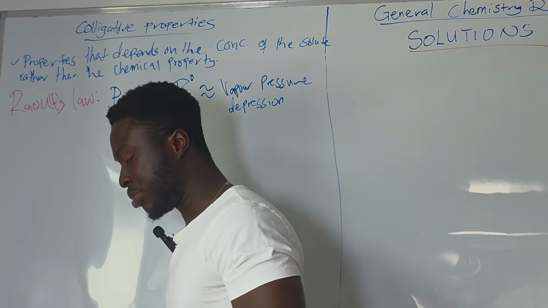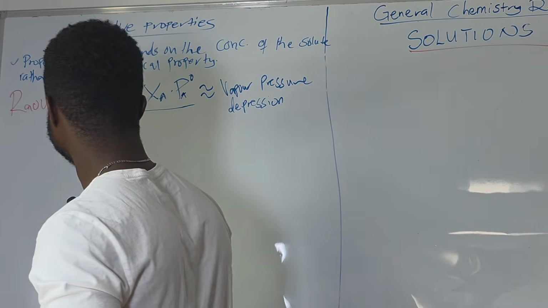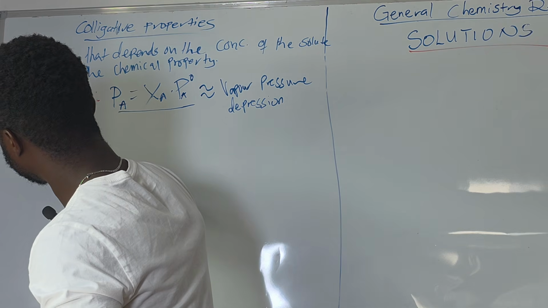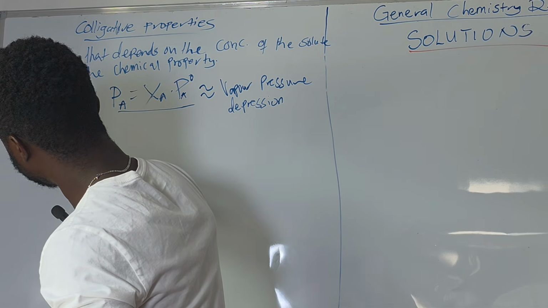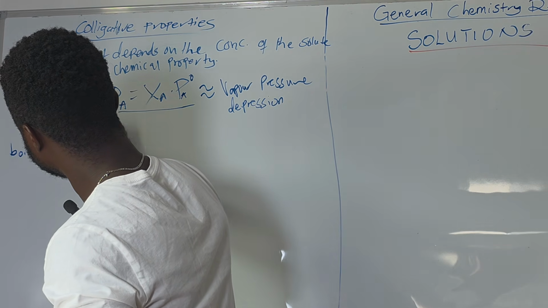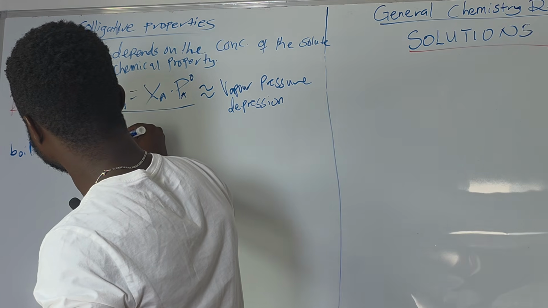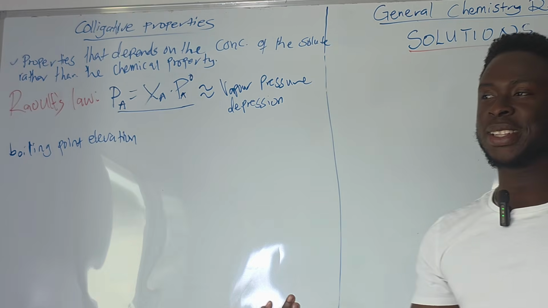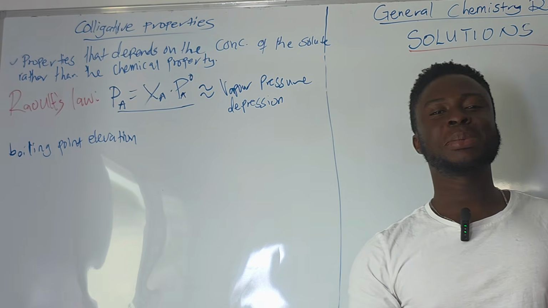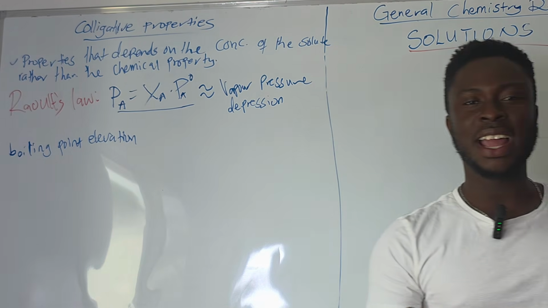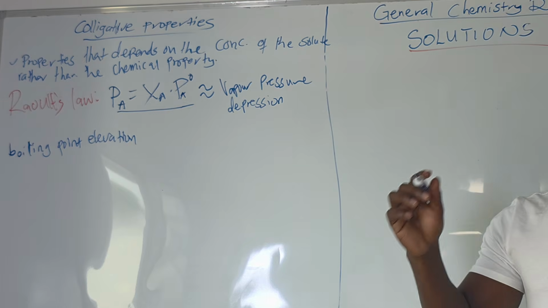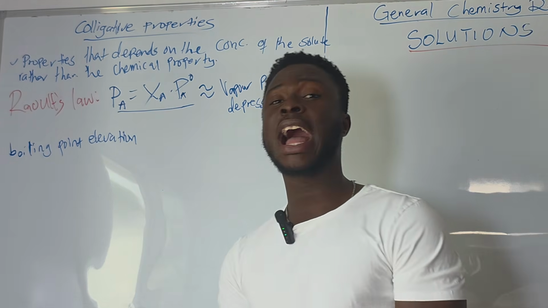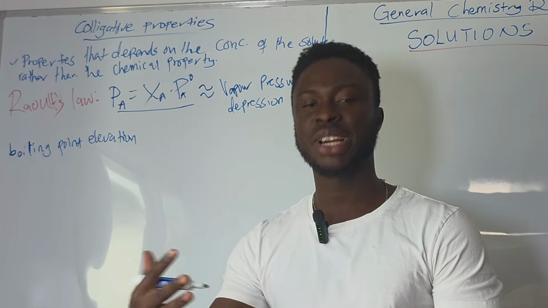Now from the vapor pressure depression, we have boiling point elevation. How is vapor pressure connected to boiling point? We know that a substance reaches its boiling point if the vapor pressure of the substance is equal to or a little bit above the ambient atmospheric pressure.